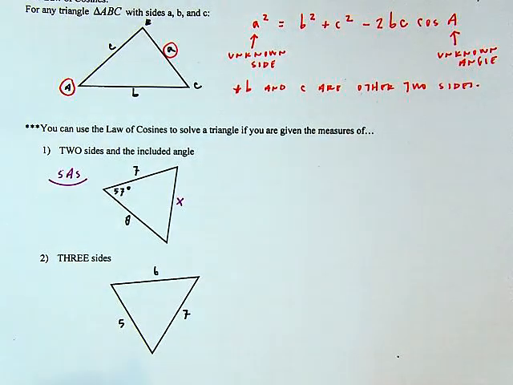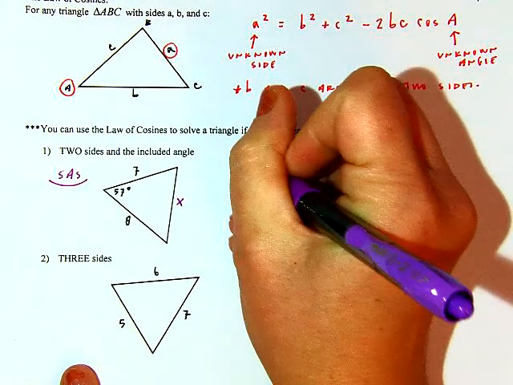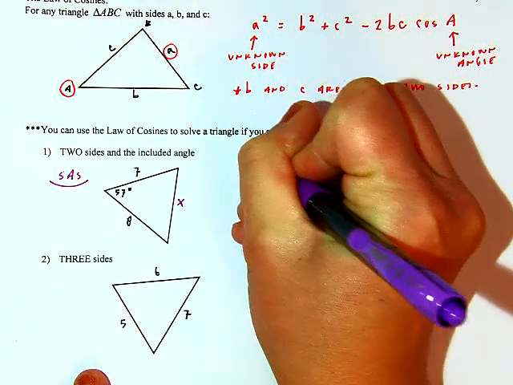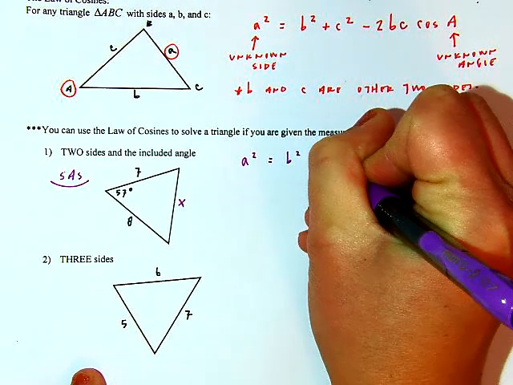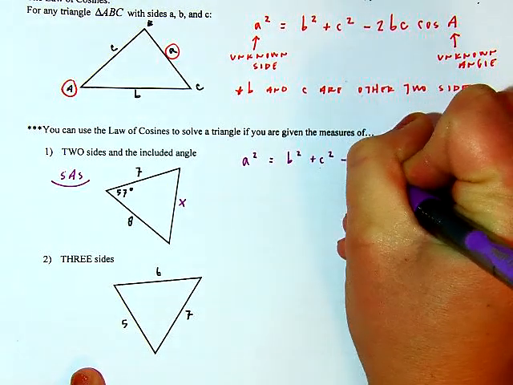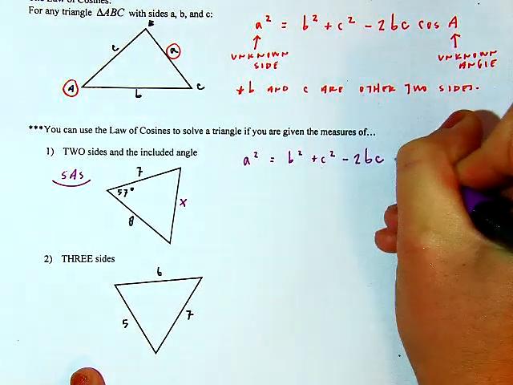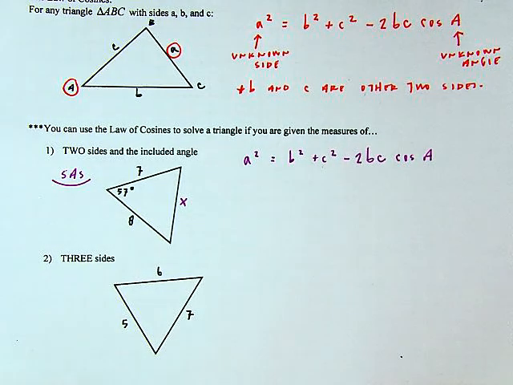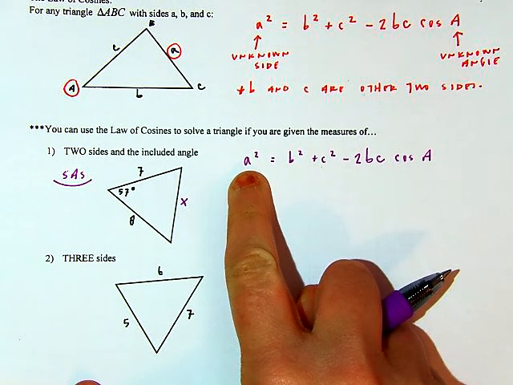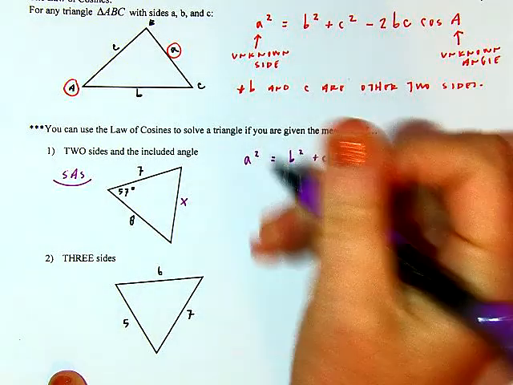All right, so let me transfer that law of cosines right down here so you can see the structure. So a squared equals b squared plus c squared minus 2 times b times c times cosine A. I'm solving for an unknown side, so I'm solving for the a part right here. I'm going to call it x.